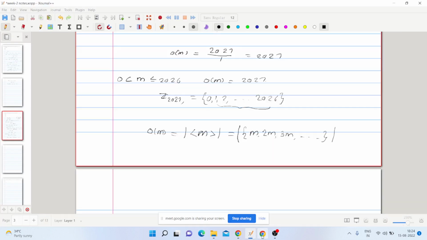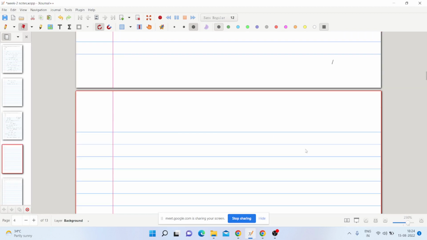Yes. See, what I am writing is the generator of m. The generator of m means m, 2m, 3m, etc. up to 2027m. Up to this it will go. After that it will repeat. Again, if I take 2028m, it will go to m. So the maximum possible value is up to 2027m.